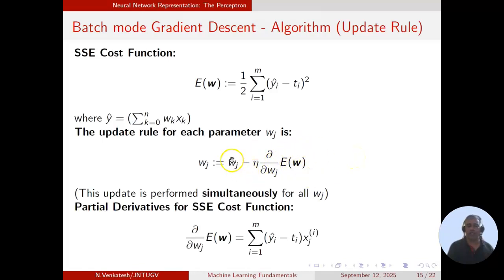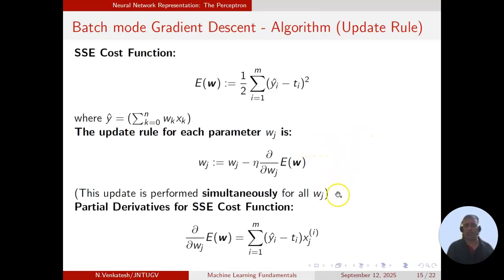Now if you calculate this gradient, the 1/2 term is used to cancel out the 2 that you get in the derivative. So if you cancel it out, you get (y cap minus ti) into xj. Here i represents the ith training example. This is in the form of x squared, so the derivative is 2x into dou x by dou wj. As we know, y cap is w0 + w1 x1 + and so on.